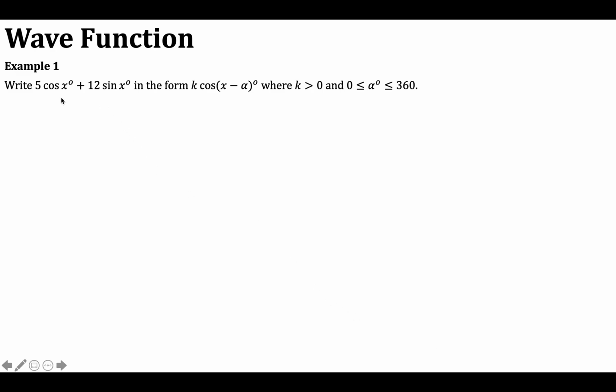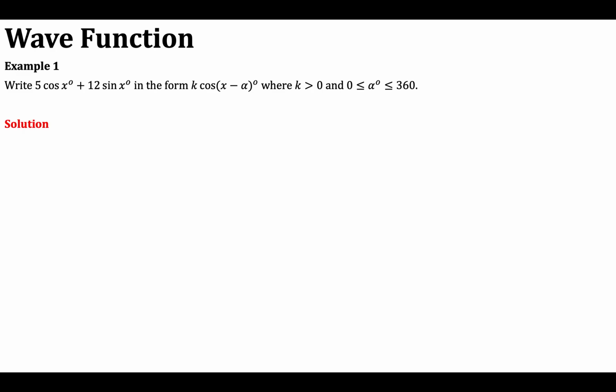So today we're going to look at examples like the following, where you can see that we're expressing a sum of trigonometric functions as one single trigonometric function, which has a change in amplitude and a phase shift as well. So example 1 asks us to write 5 cos x plus 12 sin x in the form k cos of x minus alpha, where k is greater than 0 and alpha lies between 0 and 360 degrees.